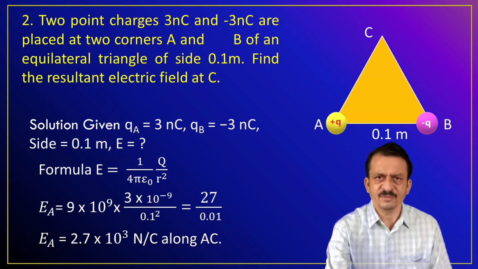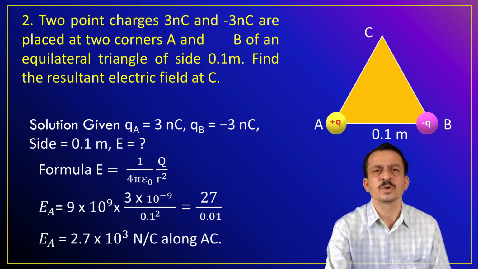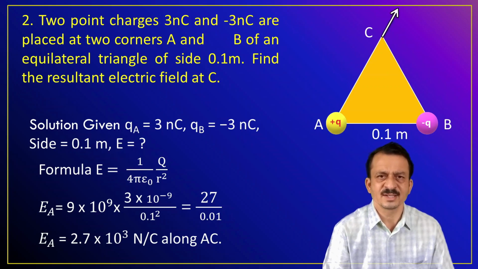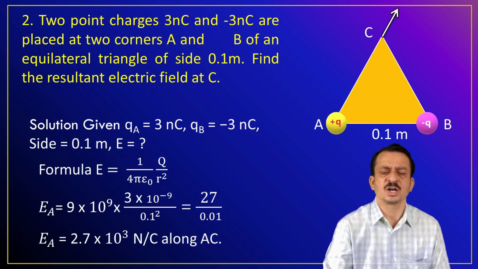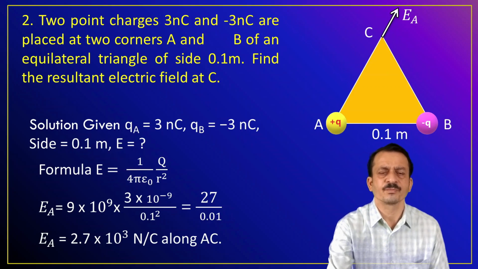If I write it in scientific notation, the electric field at C due to the charge at A is found to be 2.7 into 10 to the power of 3 newton per coulomb. What is the direction? Direction is along AC because it is a positive charge. So look at that diagram. The direction of electric field EA is along AC.